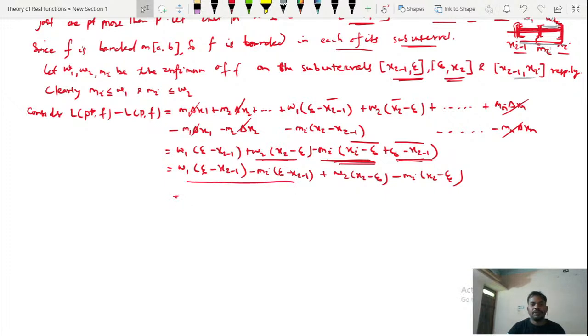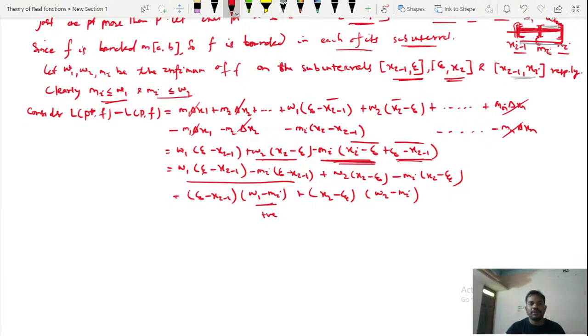From these first two terms, if I take common xi minus xi minus 1, this will be w1 minus mi. Similarly here I can take common xi minus xi, this will be w2 minus mi. And since mi is less than or equal to w1, this term is positive.